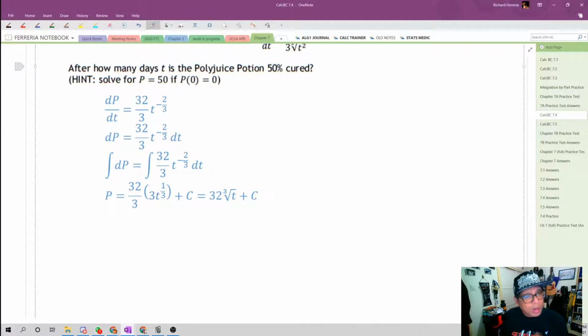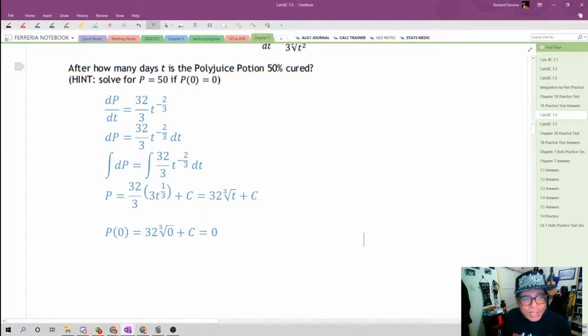Now for the second part of this, we know that P of 0 is equal to 0, so we can get a value for c. So P(0) is 32 cube root of 0 plus c, and that's equal to 0. Therefore, c is equal to 0. And I get myself a particular solution of P equals 32 cube root of t.